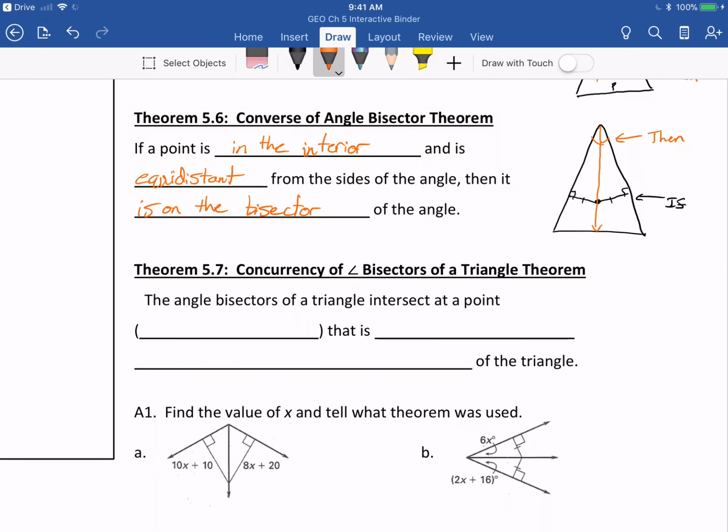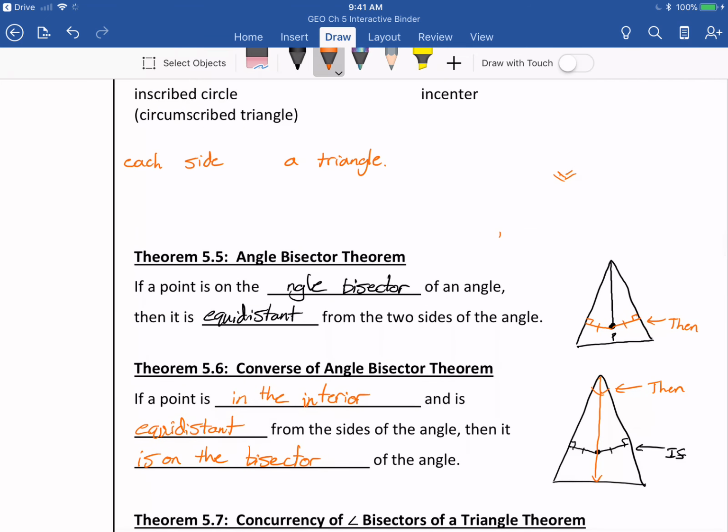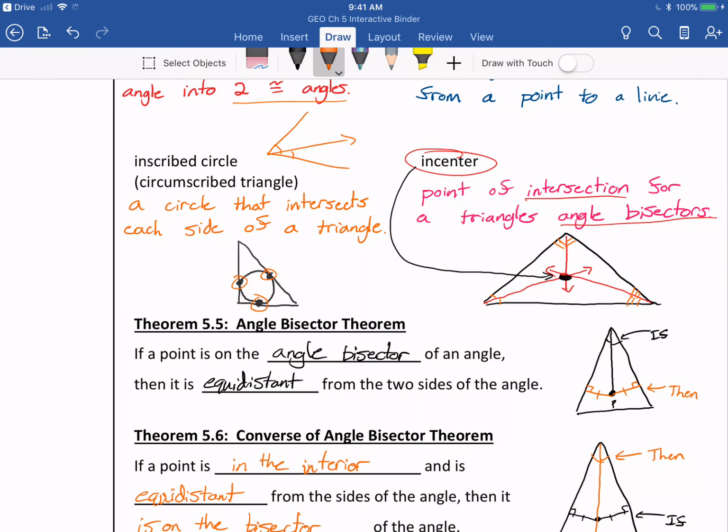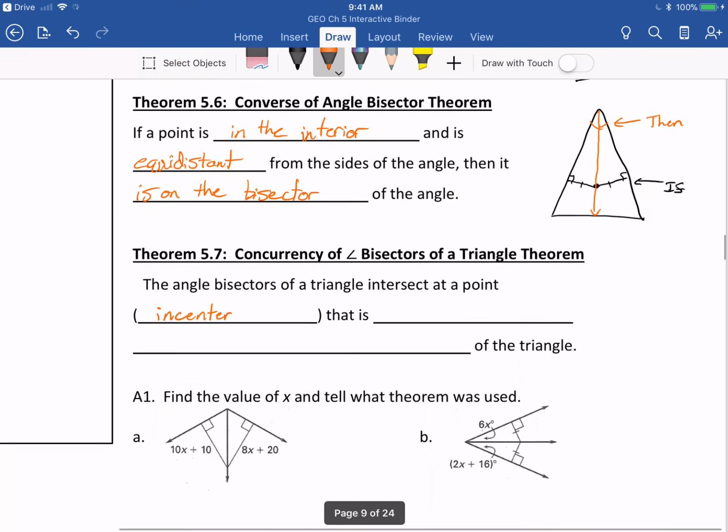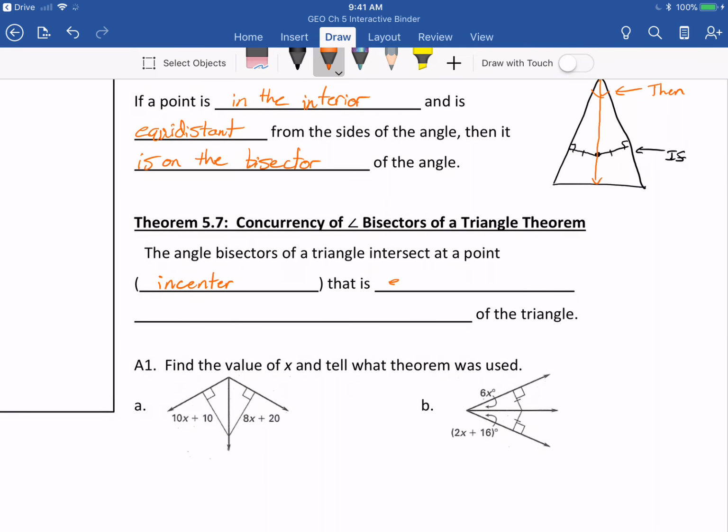So then 5.7 is the concurrency of angle bisectors theorem. This says that if angle bisectors intersect at a point, the incenter, so if we go back up here to our vocabulary words, the incenter is this point where all the angle bisectors meet, that point is equidistant to all of the sides of the triangle.